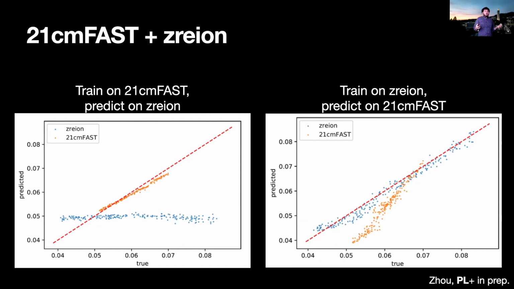Obviously this is not ideal, because true reionization is going to be much more complicated than either of these models will predict. So you're obviously worried that if you can't pass just a simple case, then you have probably no hope of doing this with real data.